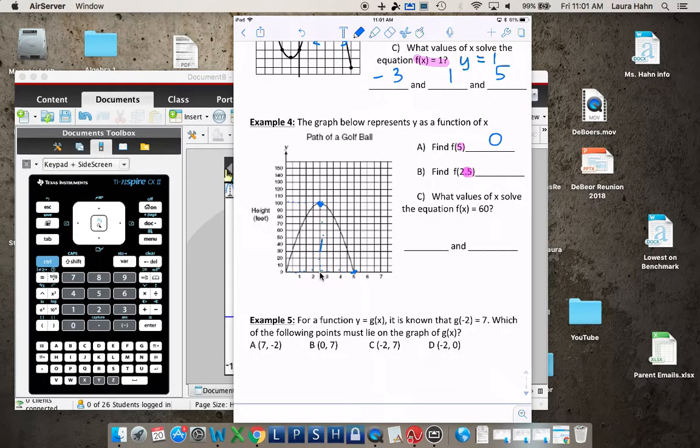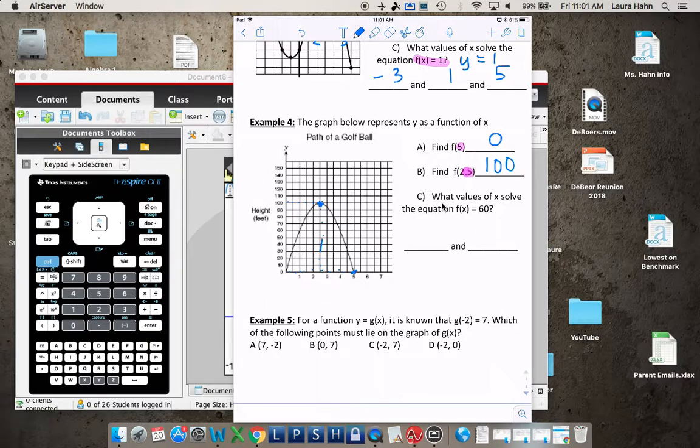So when my x is at 2.5, my graph is at a height of 100. So we read that y equals 100 when x is 2.5.